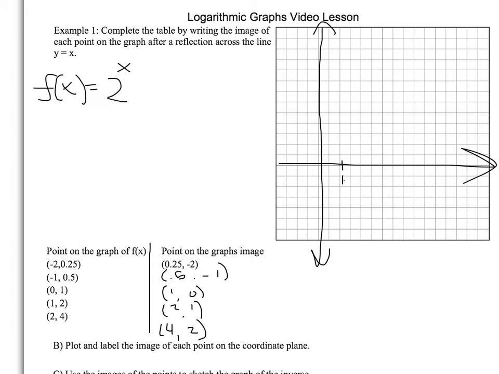So 1, 2, 3, 4, 5, 6, and -1, -2, and up to 6. 1, 2, 3, 4, 5, 6, and -1, -2. The points, they already plotted the first one, but again, I have to plot it, so just give me a sec.